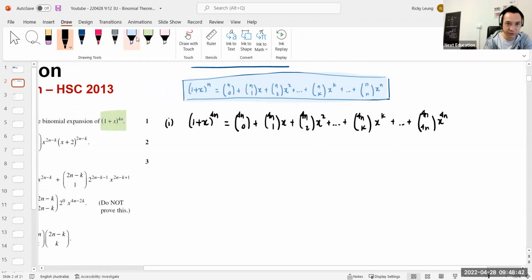So what I'm going to do strategically, plan in advance, this guy here, I'm just going to turn that into 2n. And that is the term with 2n, which means the coefficient that they really want is this guy. So therefore, coefficient of x2n is 4n choose 2n.